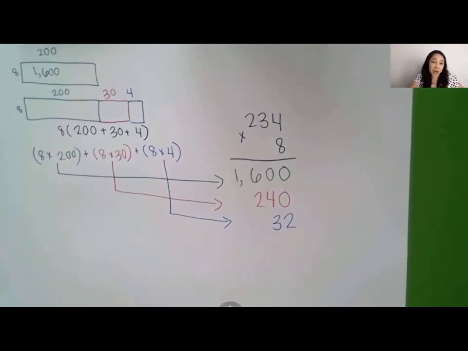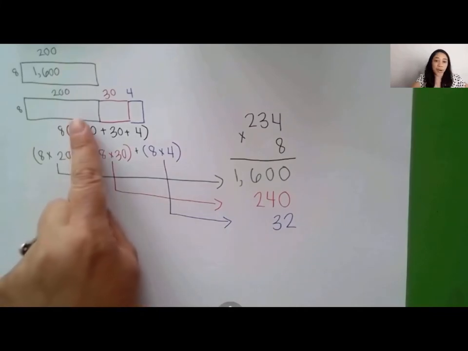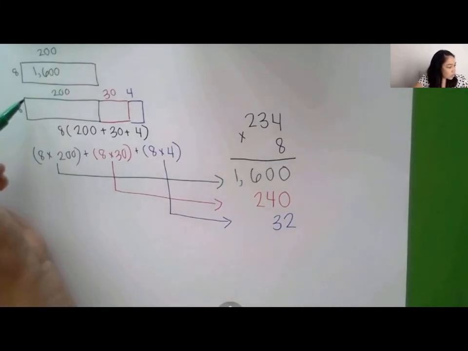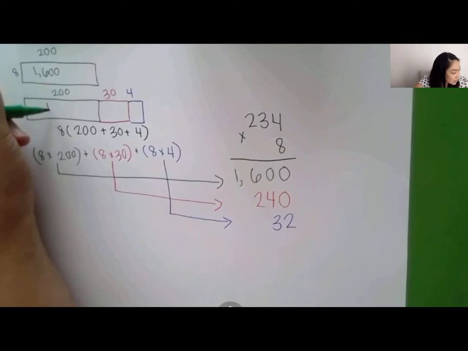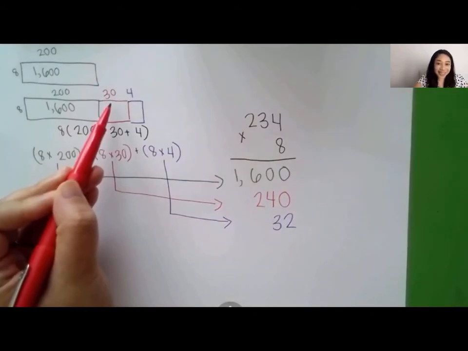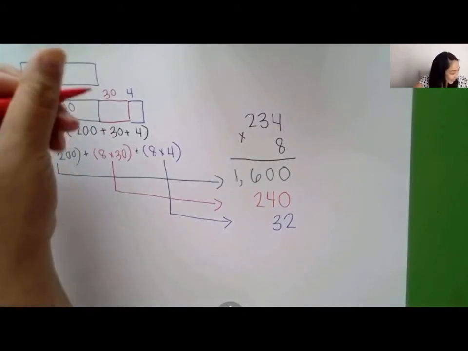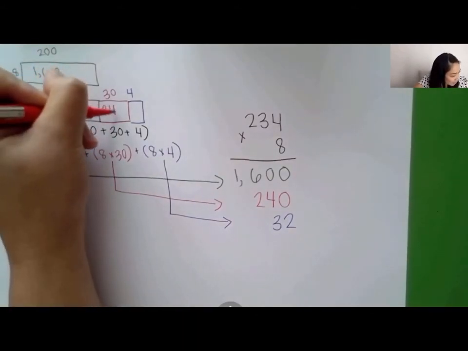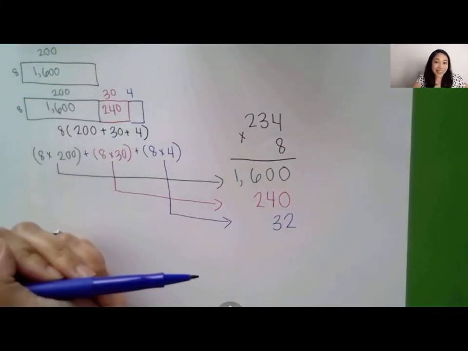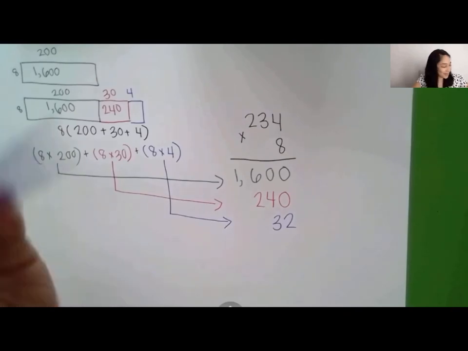Let's compare the partial products to our rectangular area model. 8 times 200 is 1,600. 8 times 30 is 240. 8 times 4 is 32.